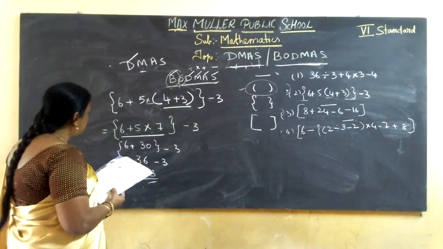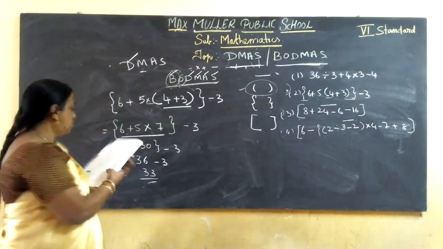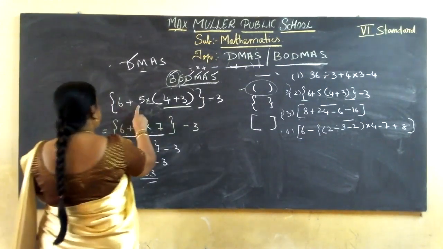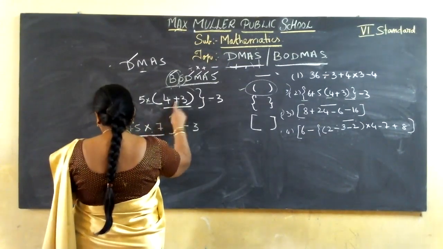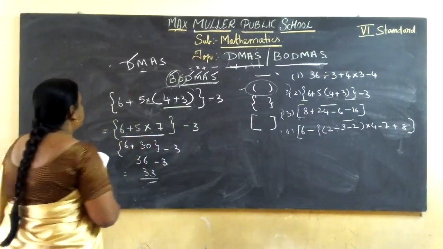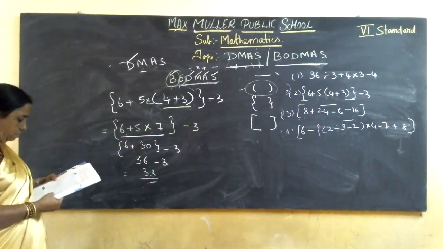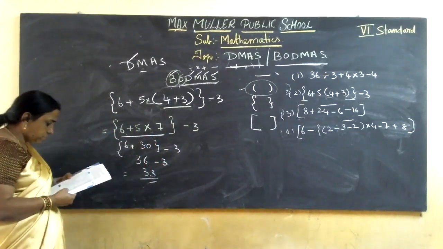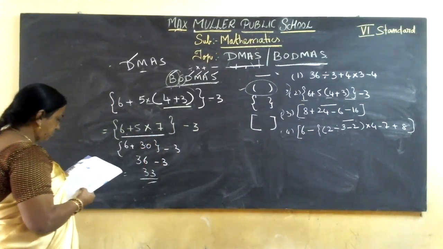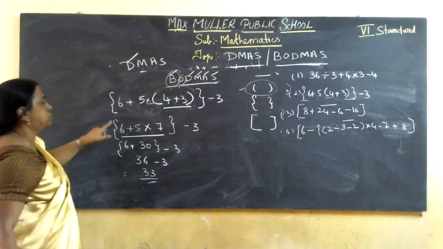See the question, wait one minute: 6 plus 5, 4 plus 3, minus 3. Once again, I'll explain this.